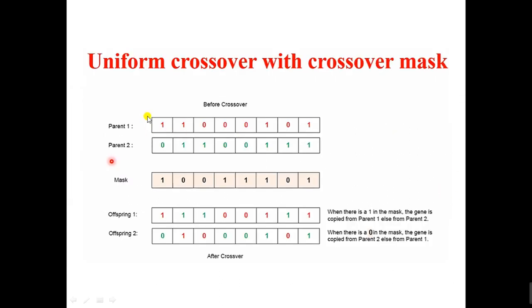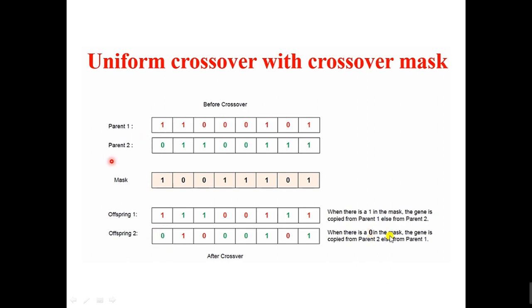For example, this one is parent 1 and parent 2, which is before crossover, and this one is after crossover. When there is a 1 in the mask, the gene is copied from parent 1, else from parent 2. If it is 1, then the first gene is copied from parent 1, and parent 2 is copied to offspring 2.